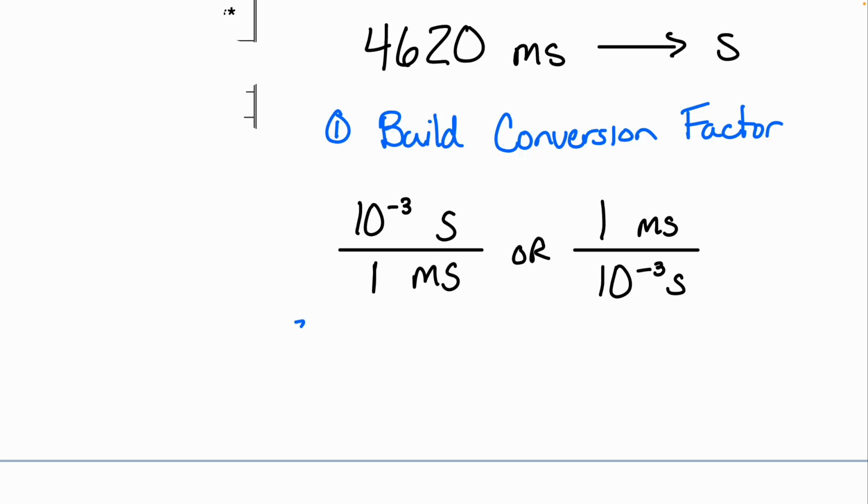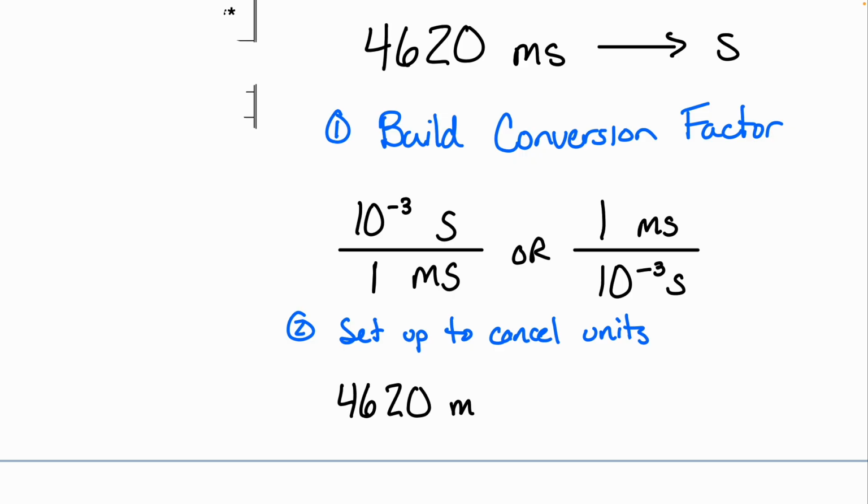Okay, now we're going to set it up to cancel our units. So I start with my 4620 milliseconds, and I'm going to pick the conversion factor here that will allow me to cancel those units out, right? So that means I'm going to pick the one with milliseconds on the bottom and my 10 to the negative 3 seconds up top.